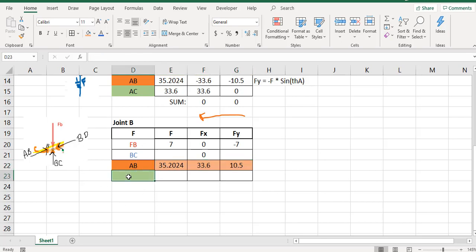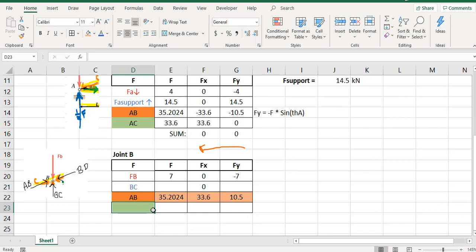And then for BD, and actually BD is going to be in compression too. But it is now pushing down and over. So this one, I don't know. I've got a bunch of unknowns here.